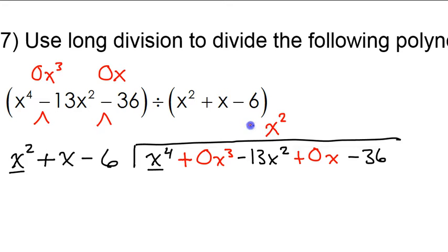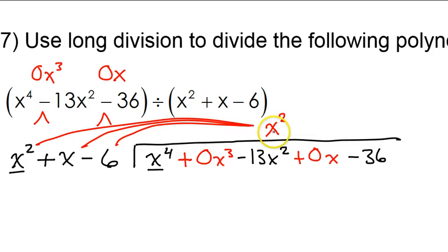Once you have this, you're going to do the distributive property with it. So x squared times x squared, of course, is x to the fourth power. X squared times x is x to the third power. And x squared times negative 6 is negative 6x squared.